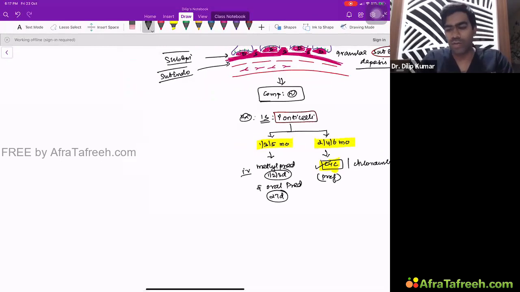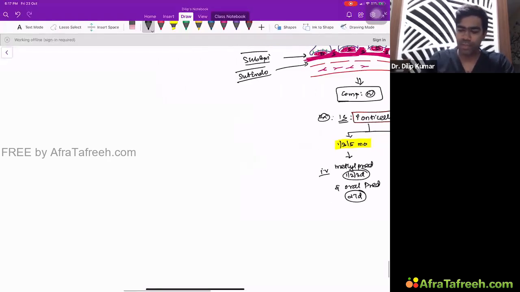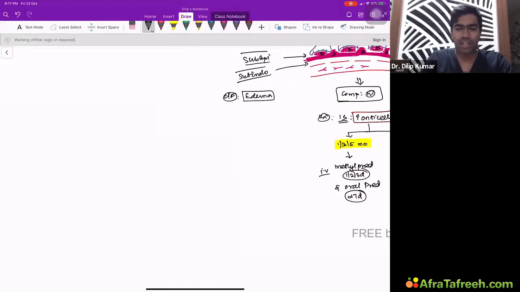And you need to know how the primary idiopathic membranous nephropathy presents very commonly. So primary idiopathic membranous nephropathy typically comes with gradual onset edema, unlike your minimal change disease, which typically comes with a sudden onset edema. This edema is more of a gradual onset. I don't know why examiners are very fond of this.